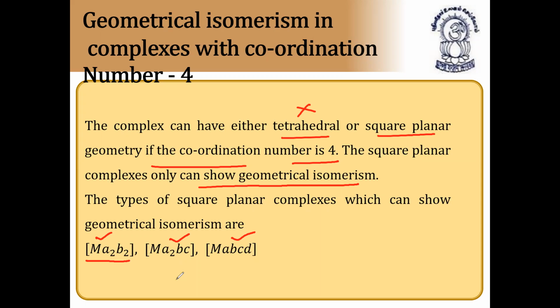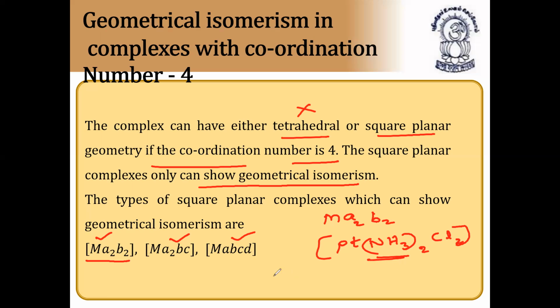For example, a complex of the type Ma2b2, this is nothing but platinum, NH3 taken twice, this is a2, and b2 is Cl2. So this is a square planar complex and it will show geometric isomerism.